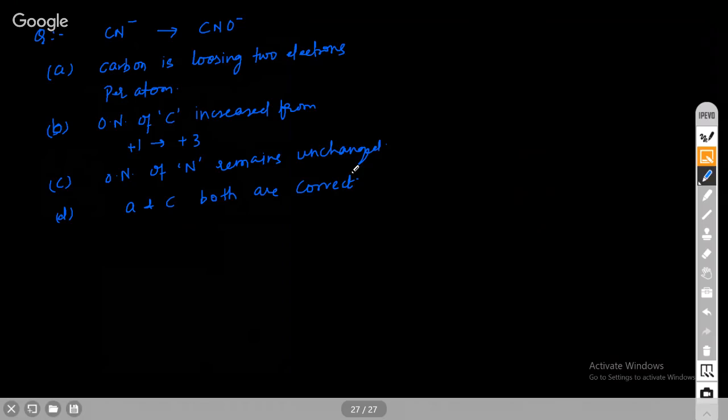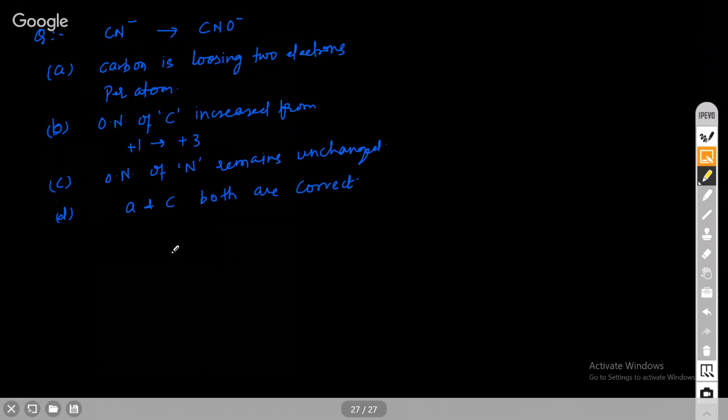Is it D? Okay, I'll do this. See, CN minus is nothing but C triple bond N, right?